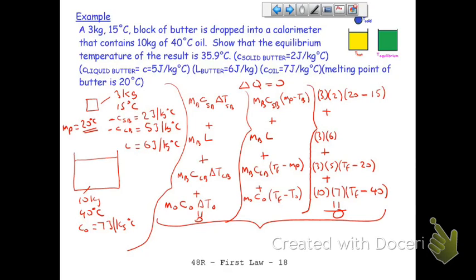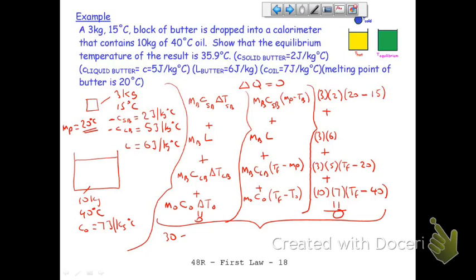Let's make it a bit simpler. 20 minus 15 is 5. 5 threes are 15. 2 15s are 30. 6 fives are 30.